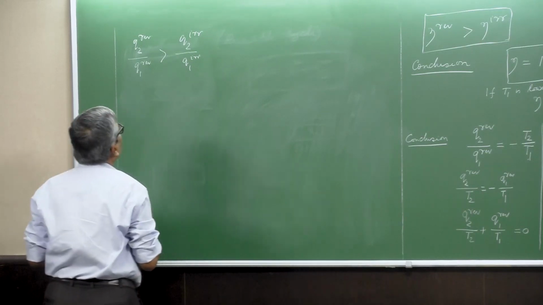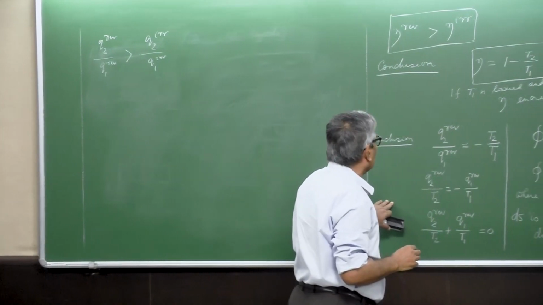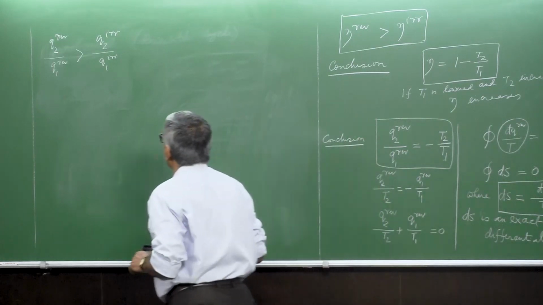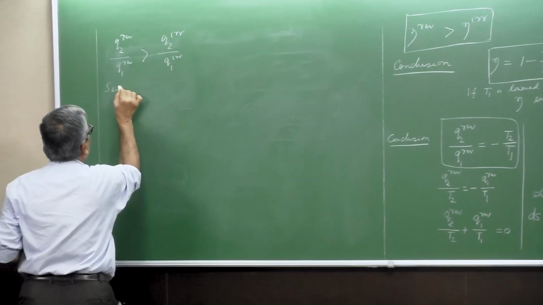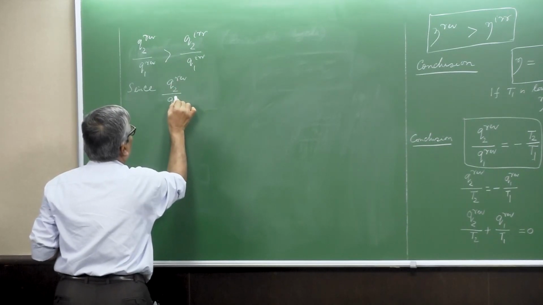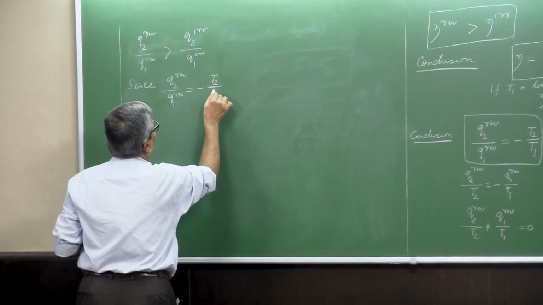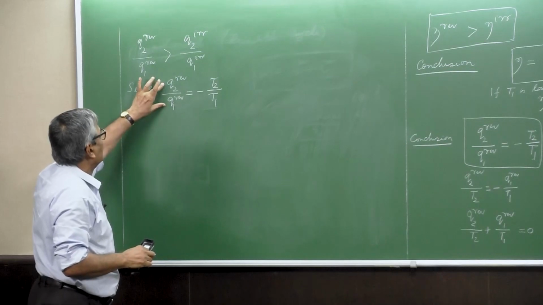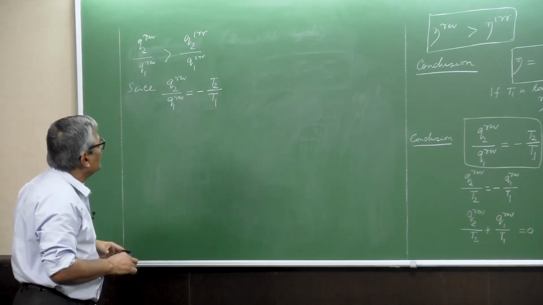So what follows immediately is that we may rewrite this from this conclusion, that we have an equality that we already know, since Q2 reversible by Q1 reversible is equal to minus T2 by T1, that we have shown as a functional form of the ratio of the heat Q2 by Q1 when they are exchanged in a reversible way.